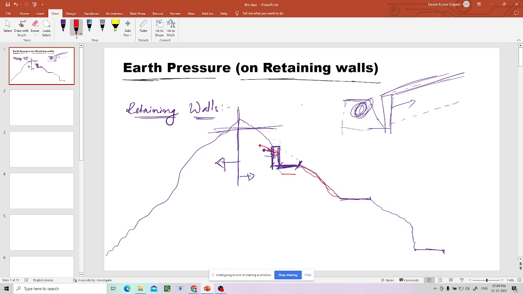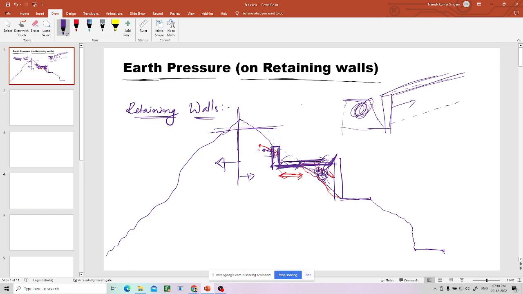But suppose this road is not enough. Then you will increase it by pouring more soil here. But if you pour soil, it will fall down again. In that case, we will construct a wall here, then fill the soil behind it. After filling the soil, you can get wider roads. So you fill this gap to get a wider road, as well as to avoid the falling of soil.